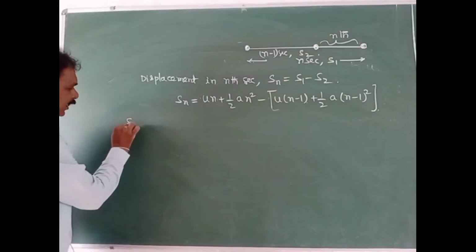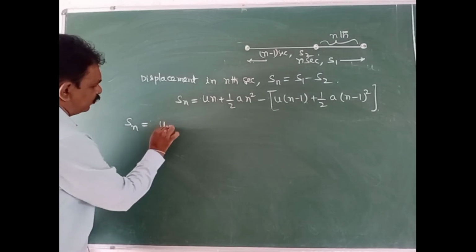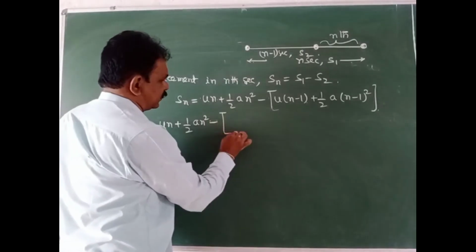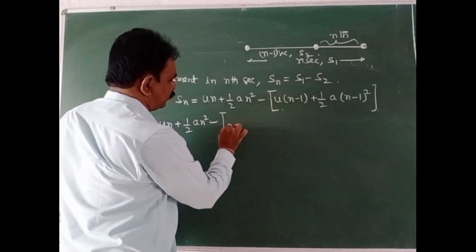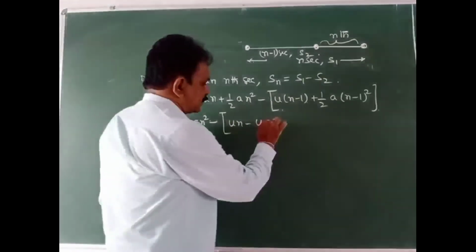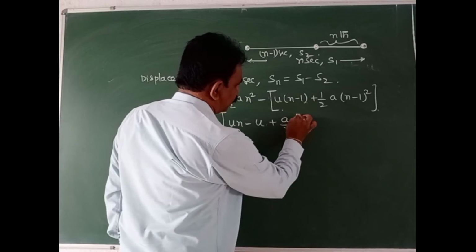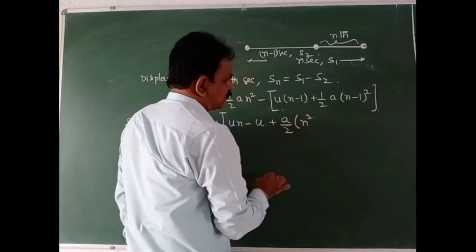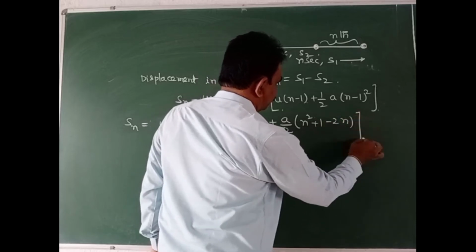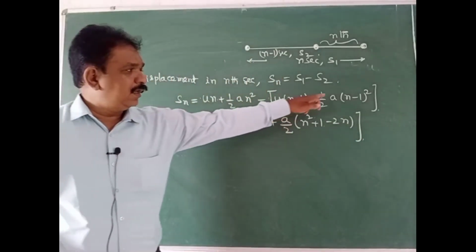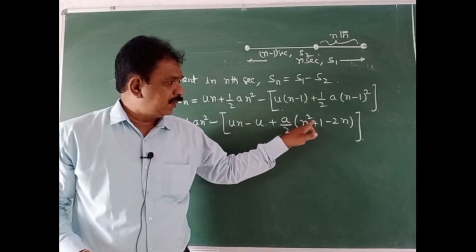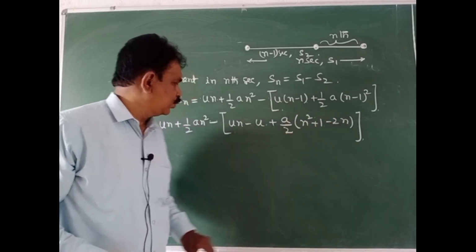Then try to expand that one. un plus half an square minus, multiply this to u(n-1), minus u(n-1), plus a by 2 into (a square plus b square minus 2ab). So a by 2 into (n minus 1) whole square means n square plus 1 square minus 2n.